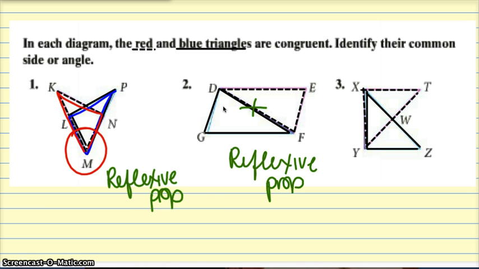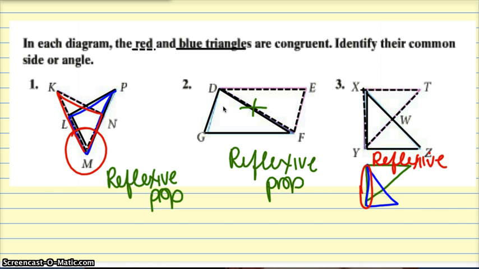And then in number 3, kind of a twist still, we have two triangles. There's one on top and there's one on bottom. If they're slid on top of each other, if I drew it right, these two side lengths here are really the same.